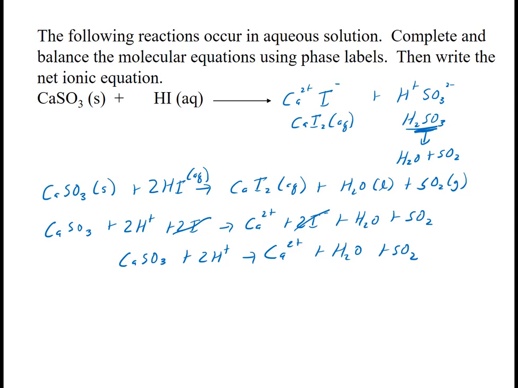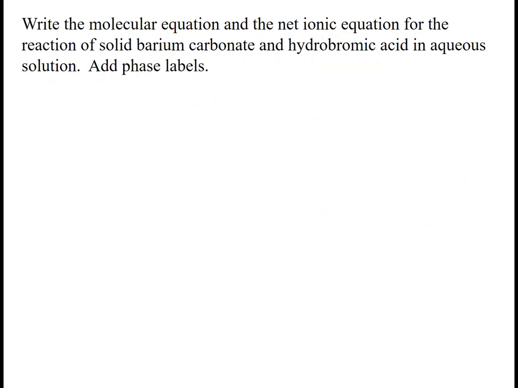Okay, now we have one more example with nomenclature, and that is this one. Okay, so I have barium carbonate and hydrobromic acid as an aqueous solution. This is a solid. It tells me that here. So barium is Ba 2 plus, carbonate is CO3 2 minus, so that just becomes BaCO3 because the 2's cancel, and it says it's a solid, plus hydrobromic.